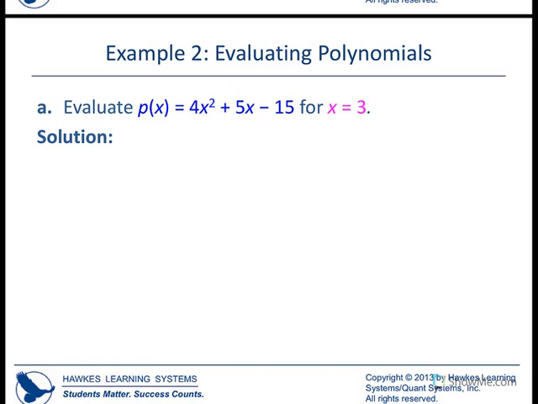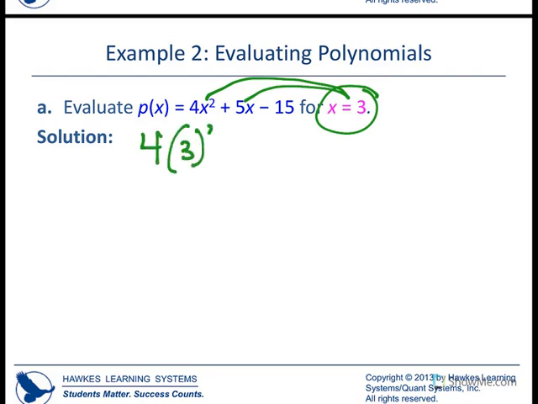Okay. So example 2 is evaluating a polynomial. When you evaluate something, that means that you're going to get an answer. Okay? A numeric answer. So we're going to plug this into each of these x's. So we're going to do 4 times 3 squared plus 5 times 3 minus 15.